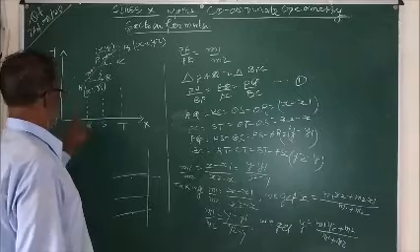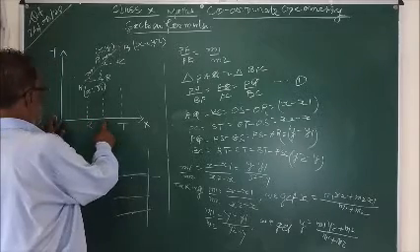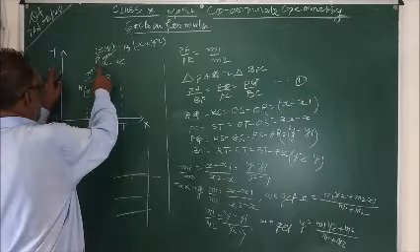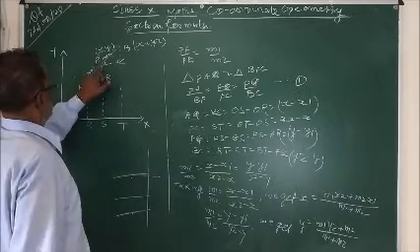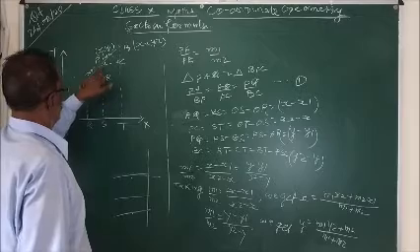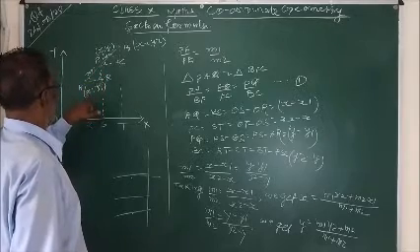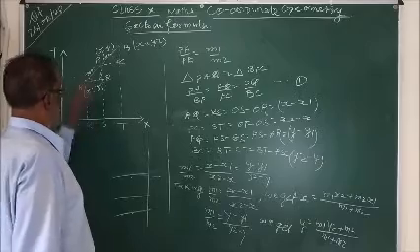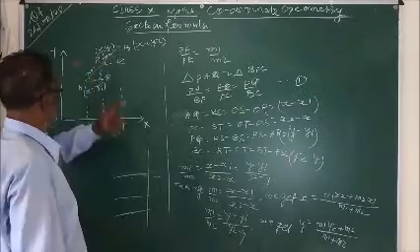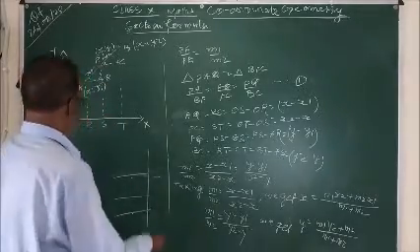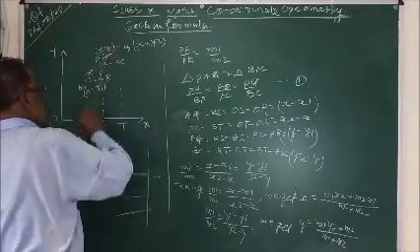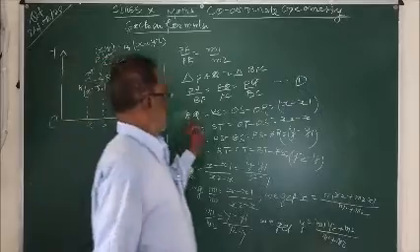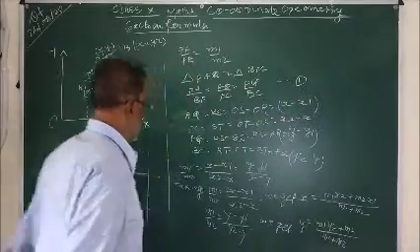OS means, you see, this is OS, so its coordinate is x, so x minus x1. OS is the distance of the point from the y-axis, that is called the abscissa, and that is x, and OR is x1. So AQ is equal to x minus x1.